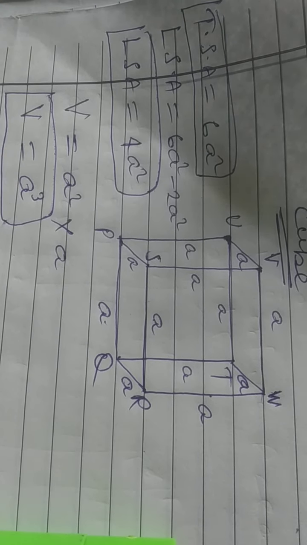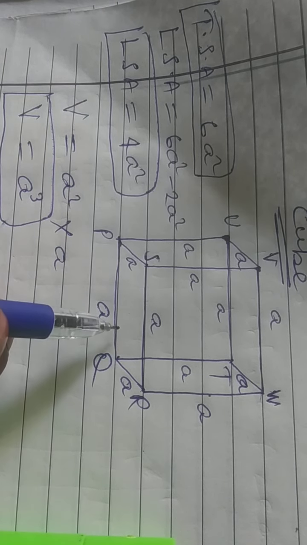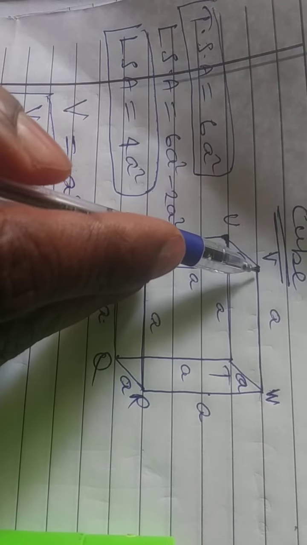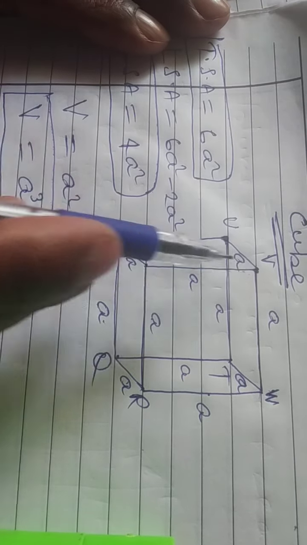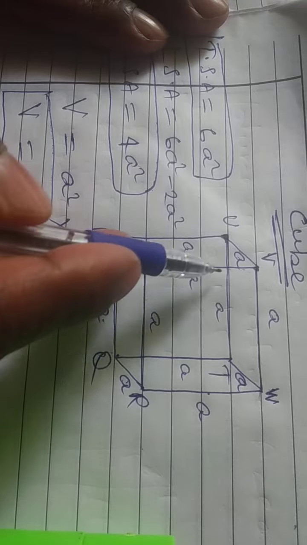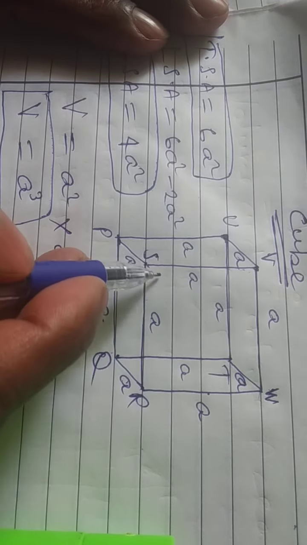After this, the diagonal of the cube. Let us see the diagonal. If we take this corner, then we take the vertex V, Q to V. The distance from Q to V is called the diagonal of the cube.